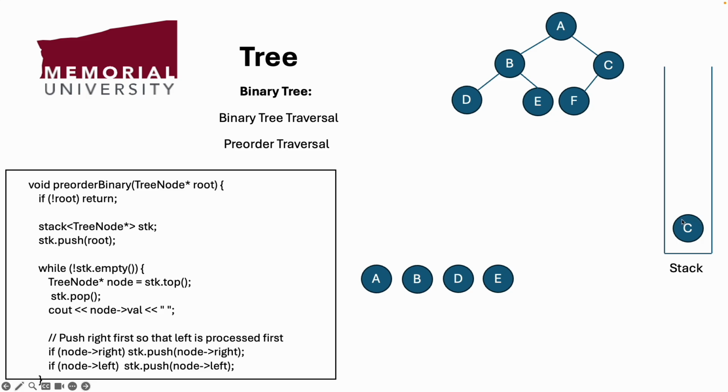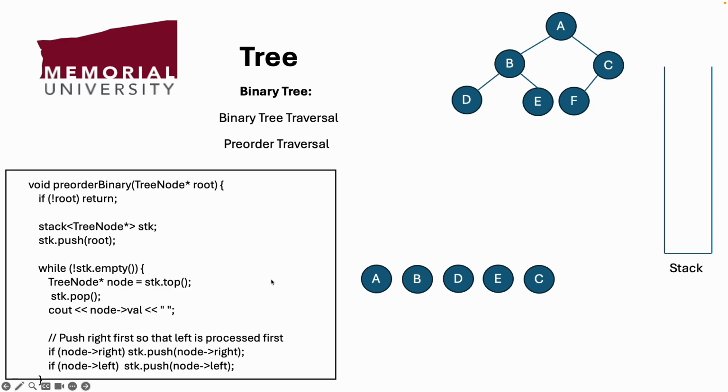And then the stack is still not empty. We have the C, right? Node C here. And then we assign node equal to node C, and then C is going to pop up and be displayed here.